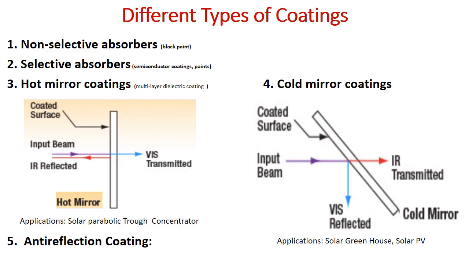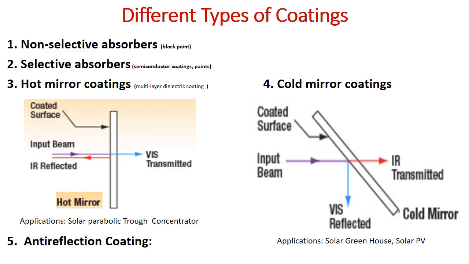For selective absorbers, the examples can be semiconductor coatings, other selective paints, etc. Here these absorbers will absorb only radiation of a particular wavelength. That is why they are called selective absorbers.